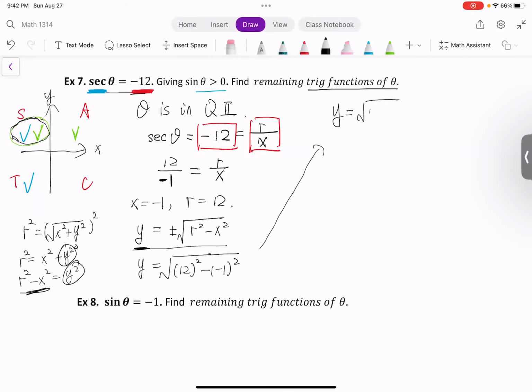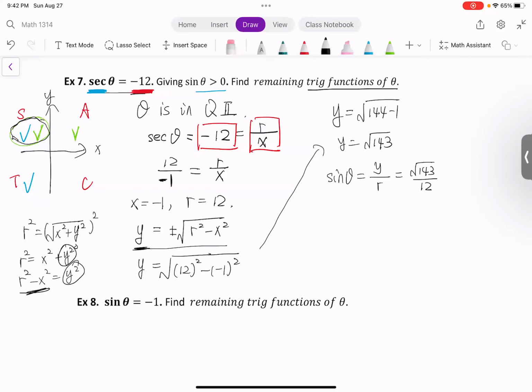The square root of 144 minus 1 is the square root of 143. Now let's find sine theta. Sine theta equals y over r. So what is the y? Y is square root of 143 over 12.